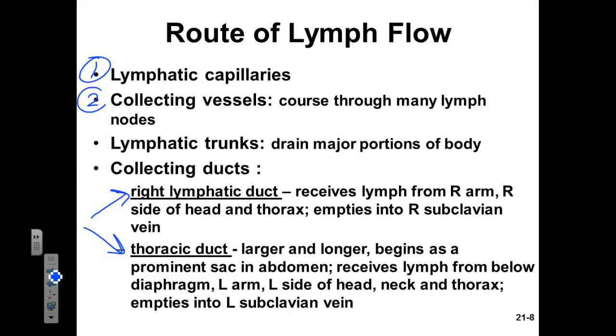From there, it goes to the collecting vessels. During this process of going through collecting vessels, there is going to be multiple lymph nodes filtering the lymphatic fluid. So when you see the term lymph node, I want you to think of a lymphatic fluid filter. This is the filter of our lymphatic system.